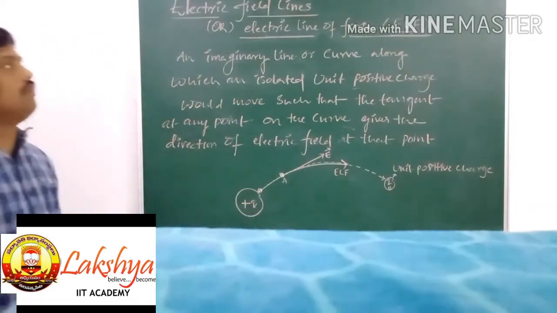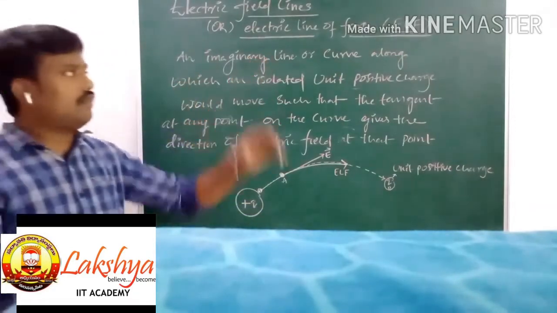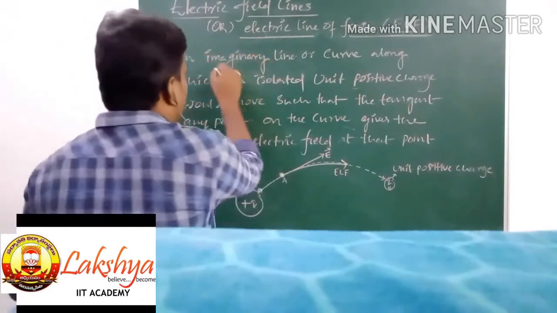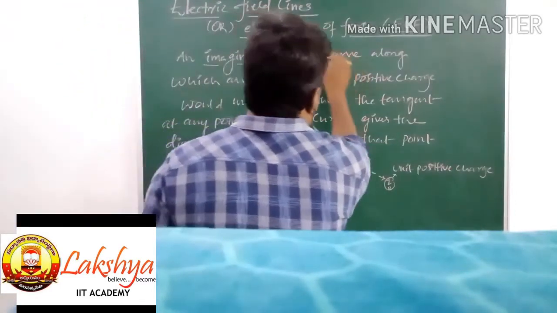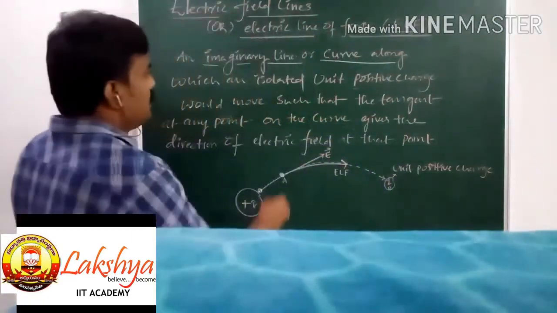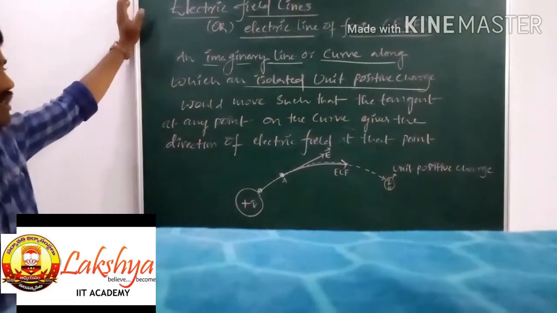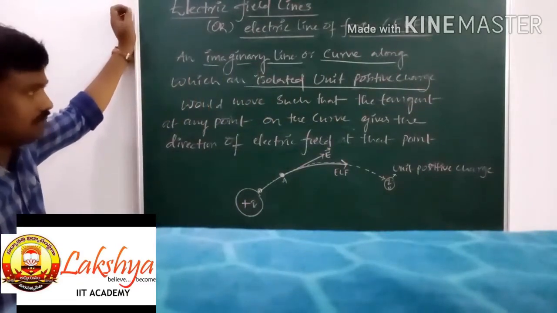So we can define an electric line of force as an imaginary line or curve along which an isolated unit positive charge would move. So what is the meaning of isolated unit positive charge?